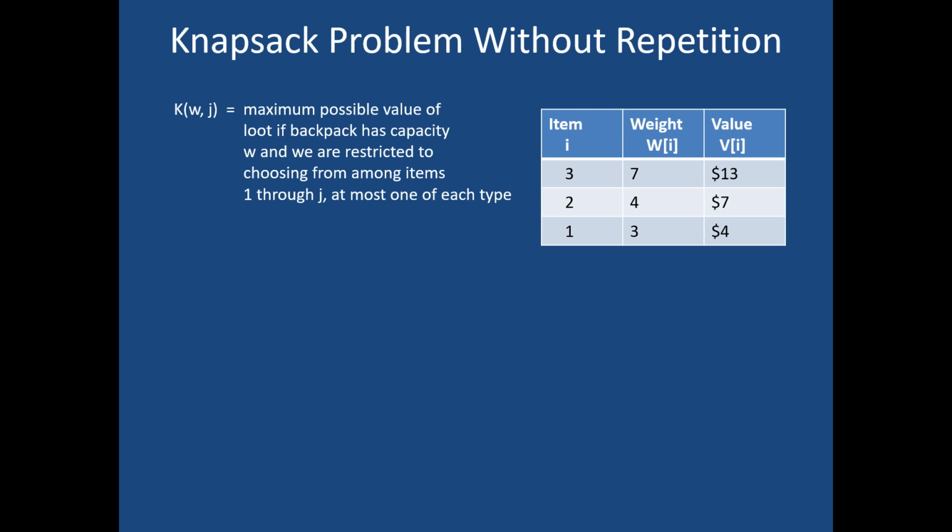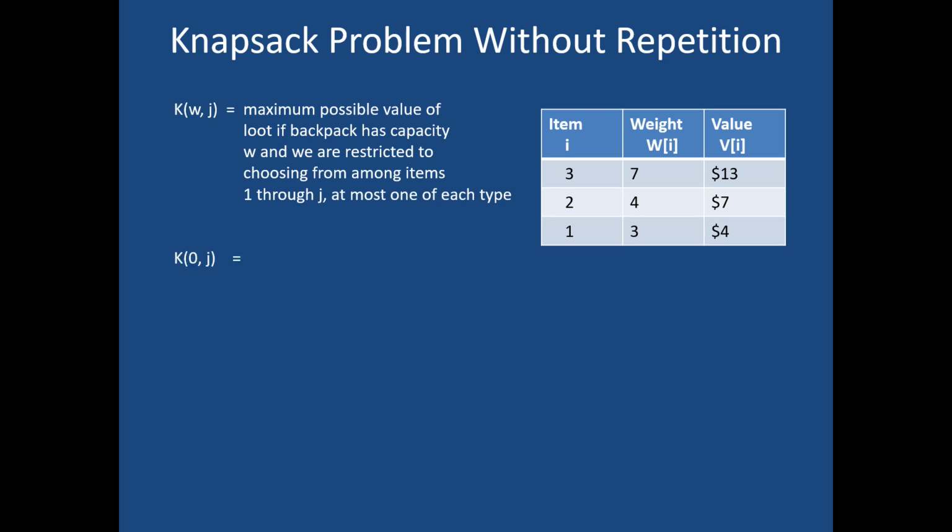Those are your choices. So we're going to decide whether to take an item 3 before we decide whether to take an item 2. So we're going to let k of w and j be the maximum possible value of a loot if the backpack has capacity w, as before, and we are restricted to choosing from among items 1 through j, at most one of each. Okay? So you'll see how this works in a second.